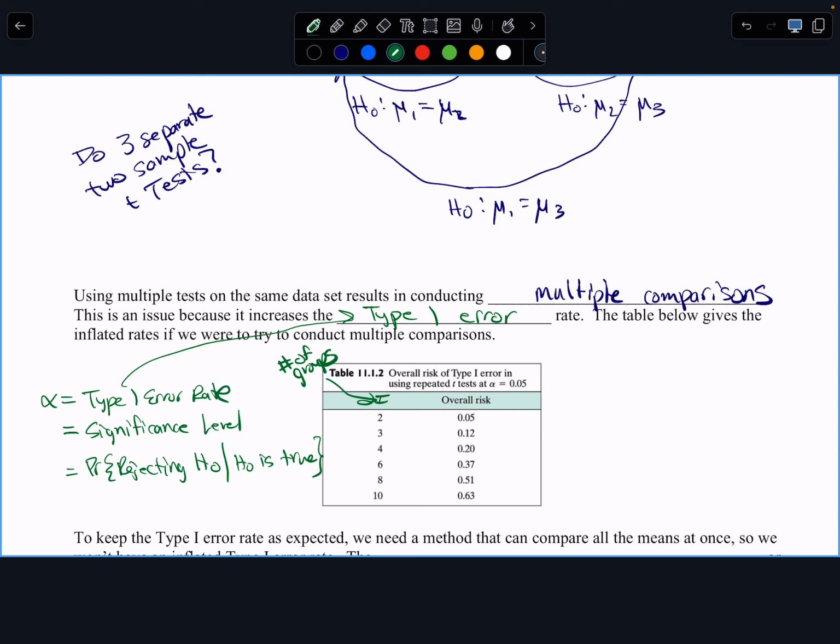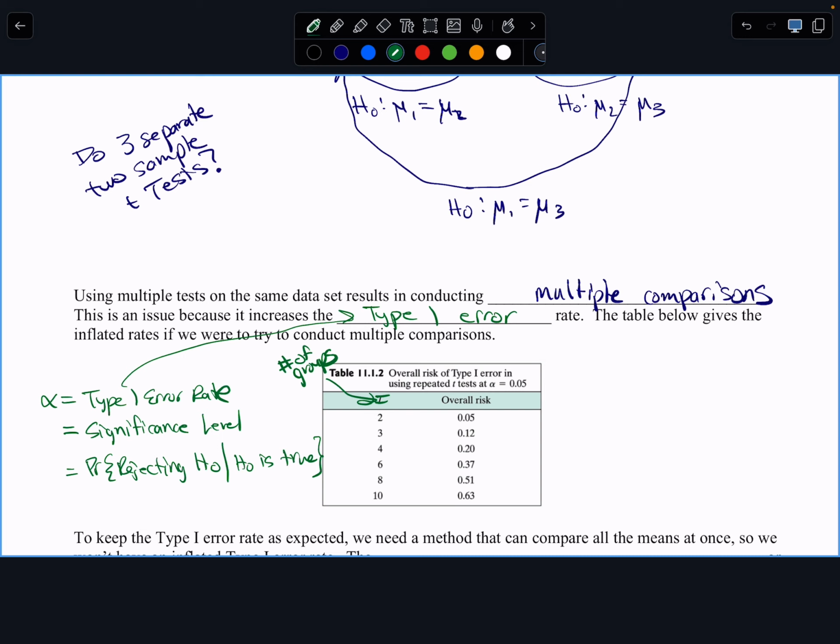But if we have 3 groups, we're going to have 3 separate t-tests that we're going to do, which means our type 1 error rate is no longer 0.05, it's actually 0.12, all right? Because we're doing multiple tests, it's going to increase the type 1 error rate.